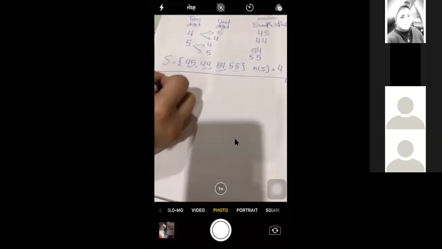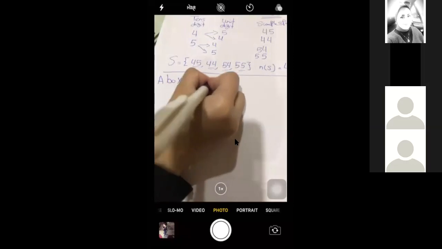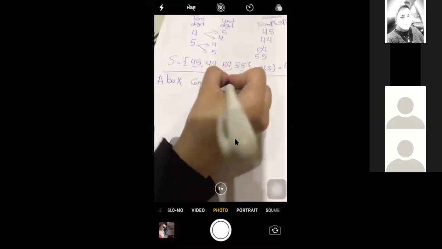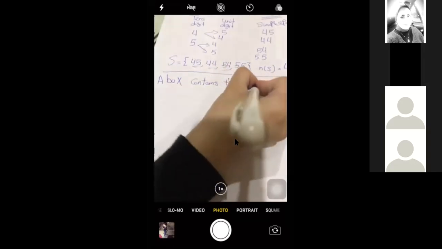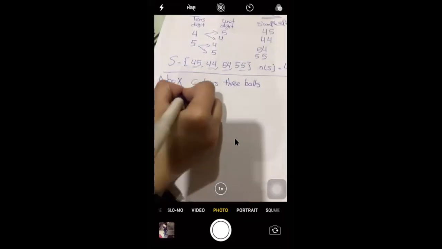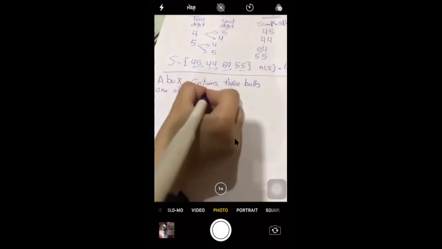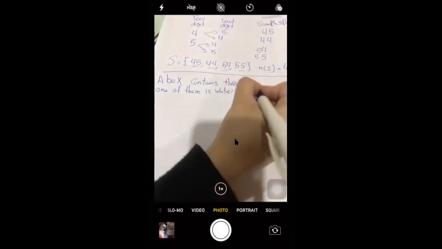A box contains 3 balls. One of them is white, and the second is red, and the third is black.